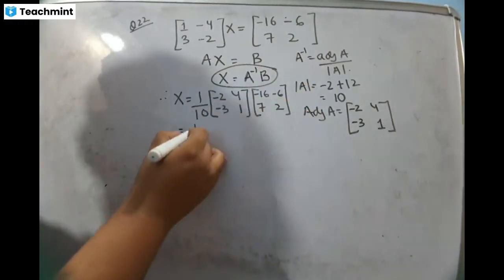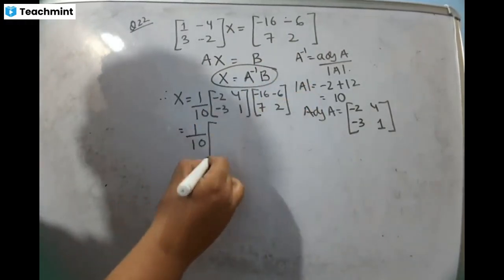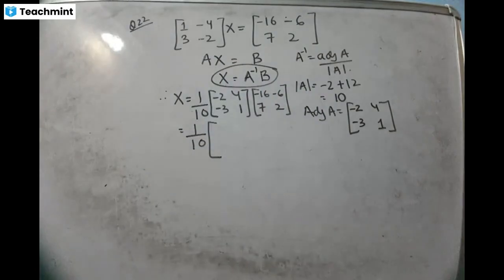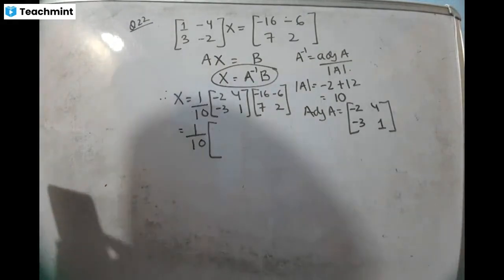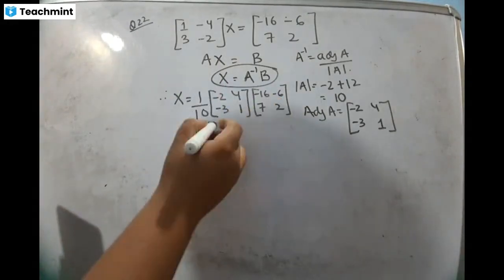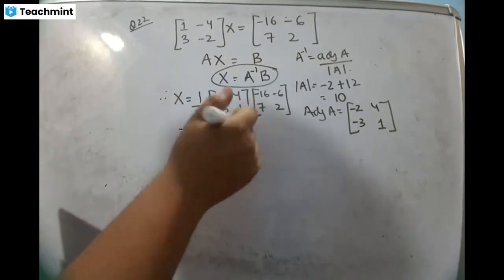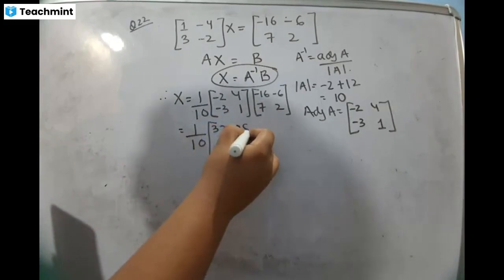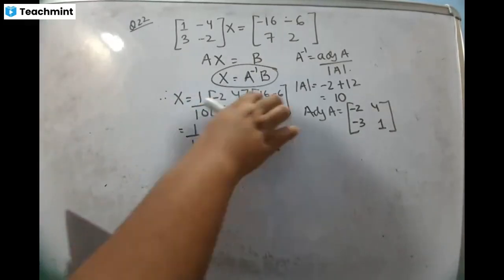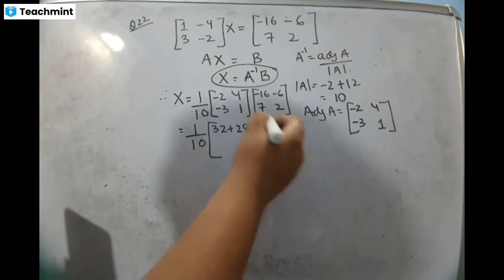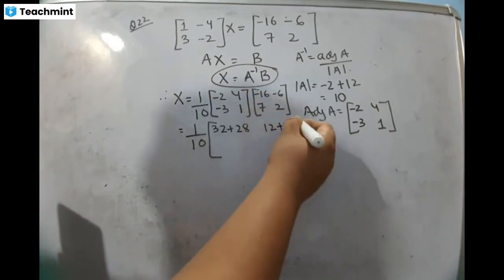Now you simply have to multiply them, and you know the rule. I've already taught this: row 1 into column 1, row 2 into column 2. Minus 2 into minus 16 will give you 32. 4 into 7 is 28. Minus 2 into minus 6 will give you 12. 4 into 2 is 8.